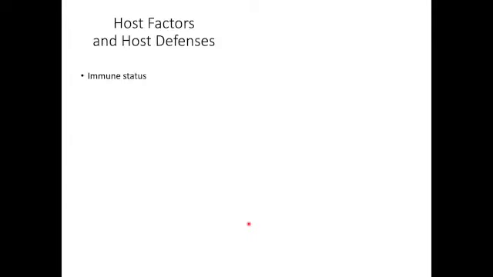There are a number of larger scale host factors and host defenses that are important both in fighting off an infection and also in causing pathogenesis. And of course, the first is the immune status of your host. An immunocompromised host is always going to be more susceptible to infection, but sometimes, like in the case of the H5N1 bird flu epidemic, having a robust immune status can be a detriment.